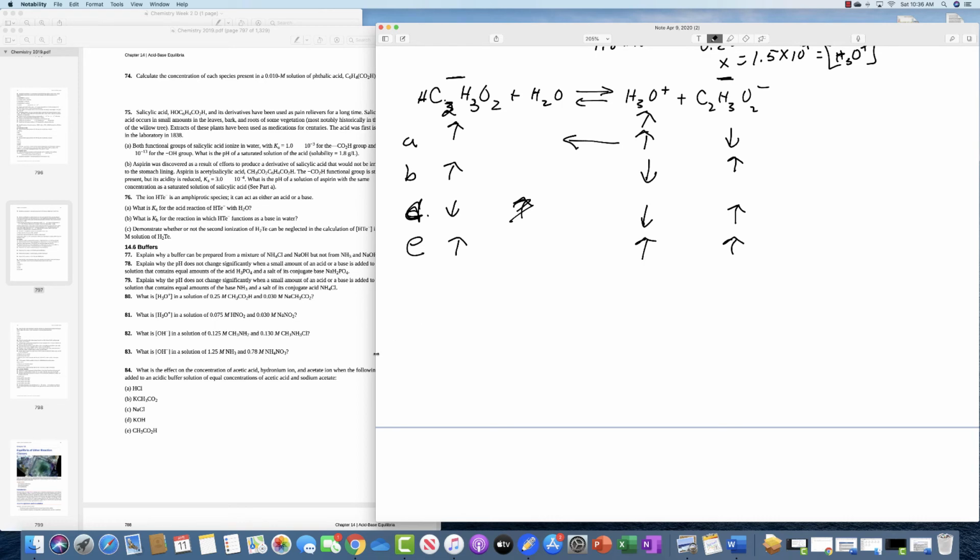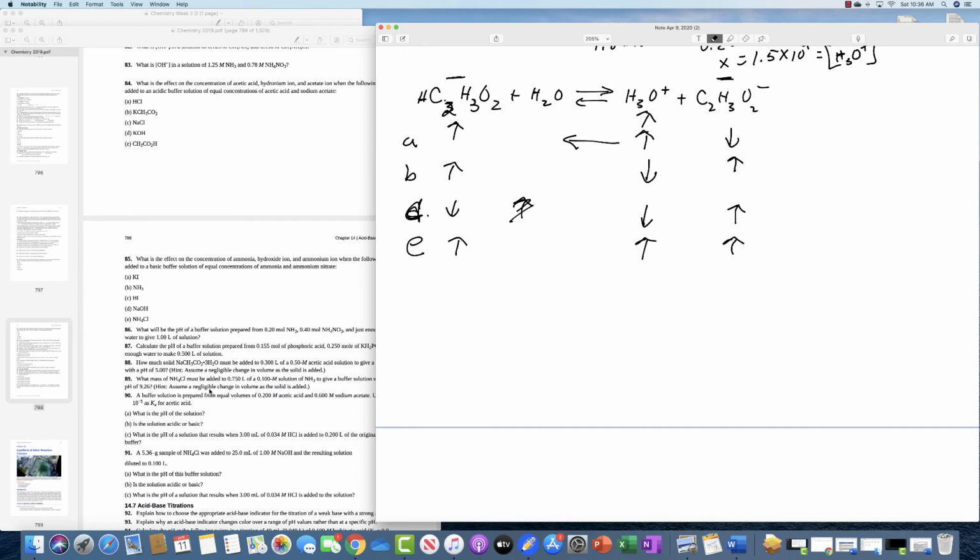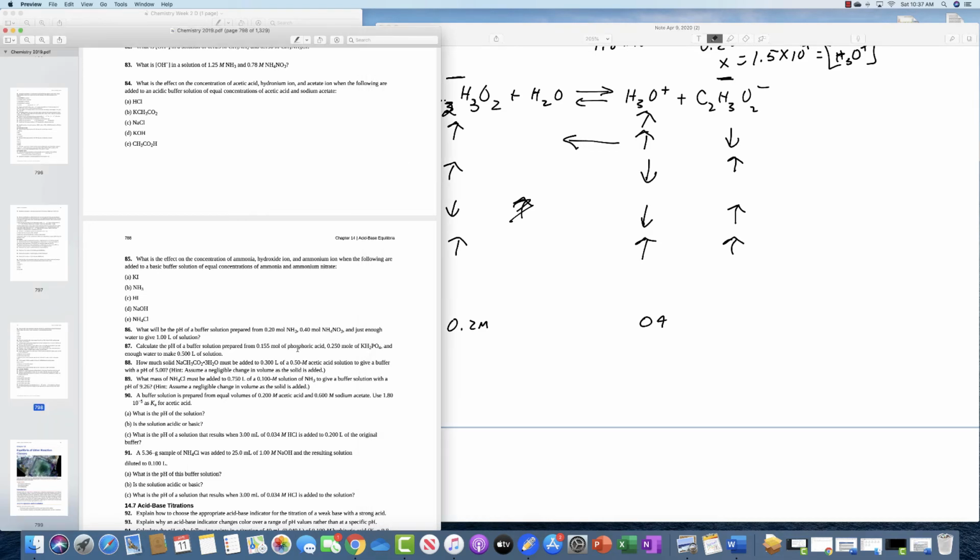Okay, so let's look at the next one, which I think is 86. Problem 86 says, what will be the pH of a buffer solution prepared with 0.2 molar ammonia and 0.4 molar ammonium nitrate, and just enough water to give 1 liter of solution?